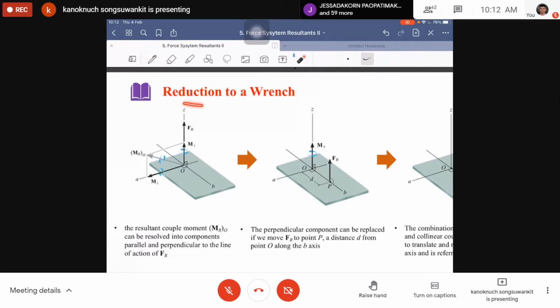Okay, how can the first system become the second system? From this moment M perpendicular, we can resolve or replace this moment by using a couple moment. It's like if we move this force Fr to another point on the B axis.